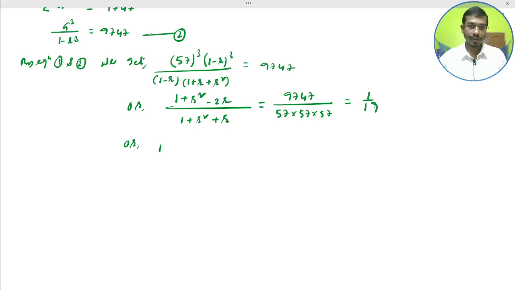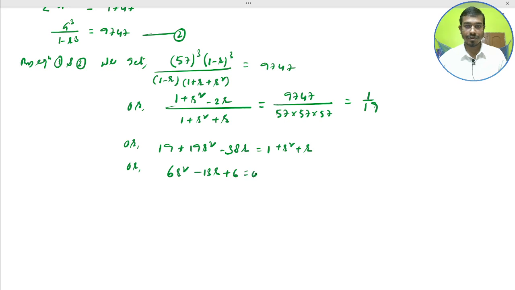So 19 plus 19r square minus 38r is equal to 1 plus r square plus r. Simple calculation, a quadratic equation: 6r square minus 13r plus 6 equals 0. There will be 2 roots.